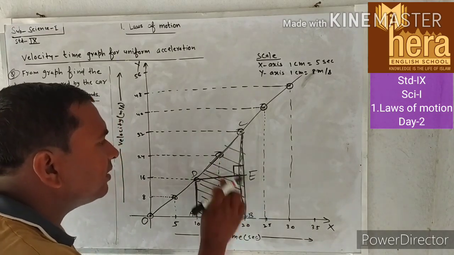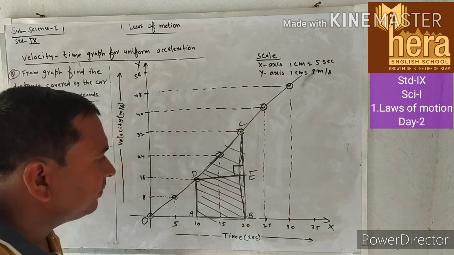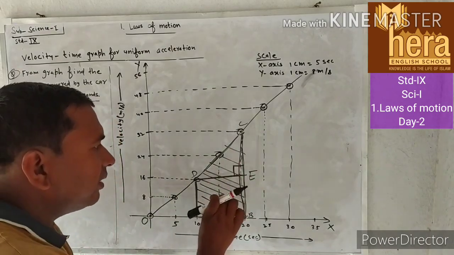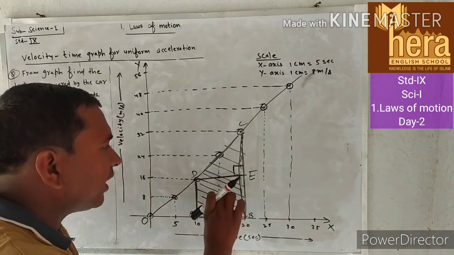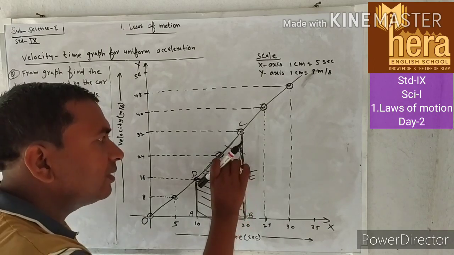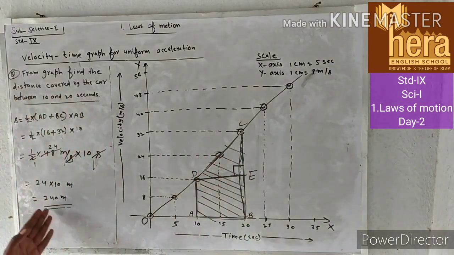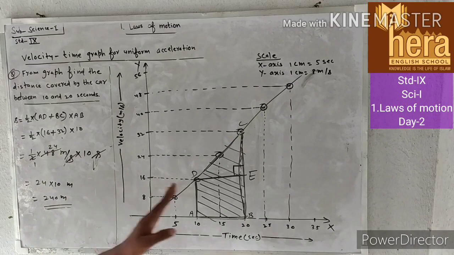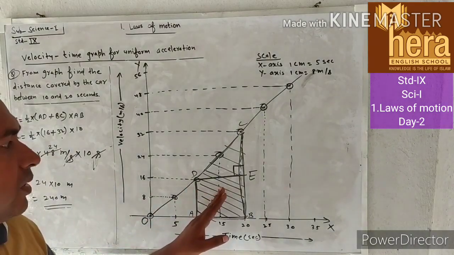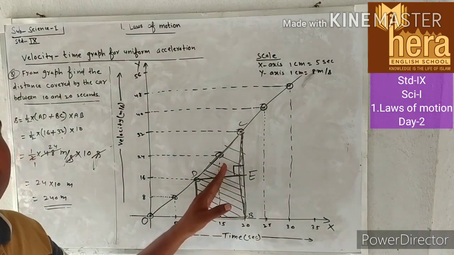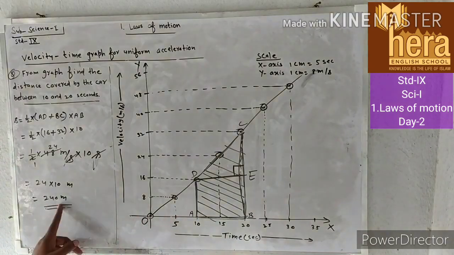This is the triangle, this is the rectangle or square. If you add area of rectangle plus area of triangle, then again you will get 240. So this is the homework for you. You will find, and answer will be equal to 240 meter.